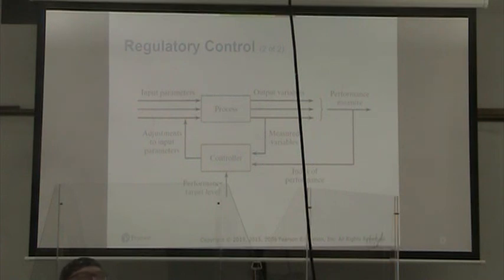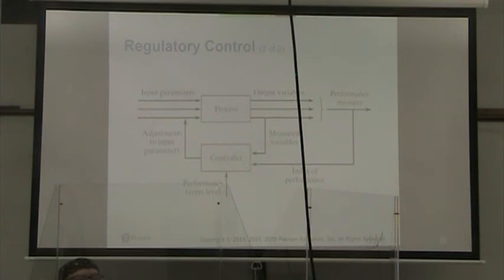All right, so here we have an illustration of regulatory control. We have input parameters. We have our process. We have output parameters. We're measuring the variables of the output.